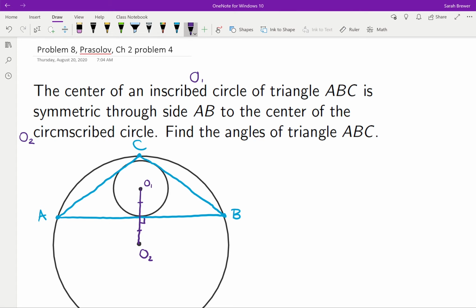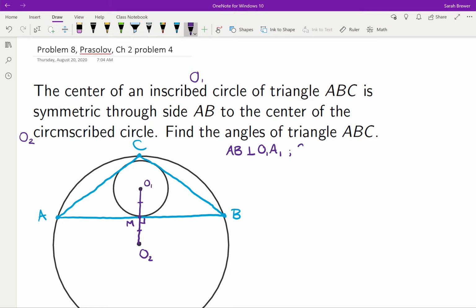So I know that AB is perpendicular to O1 and let's call that point M for midpoint.